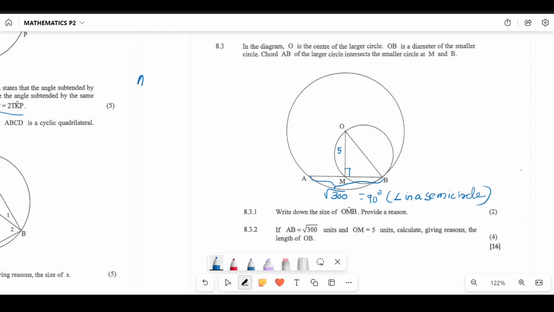We can say AM equal to MB because perpendicular from center to chord.